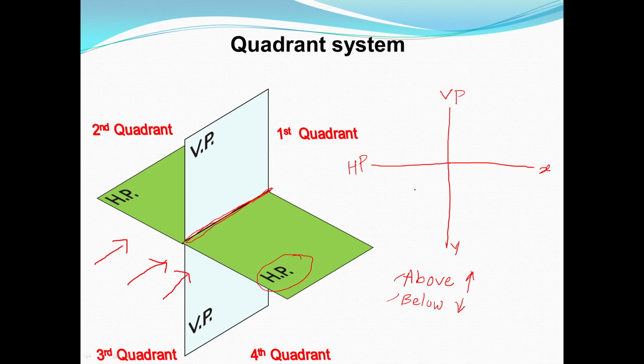If anyone says above the horizontal plane, it means that the particular object is anywhere on the upper side of this horizontal plane. Below the horizontal plane means that the object lies below this horizontal line or horizontal plane.